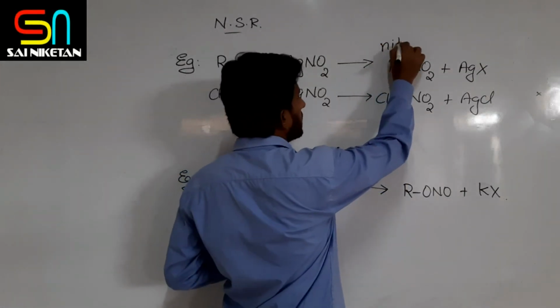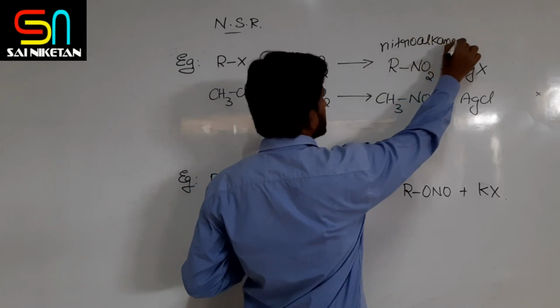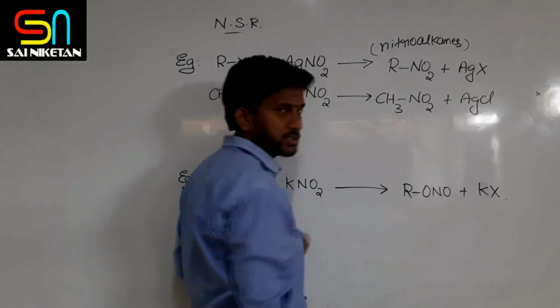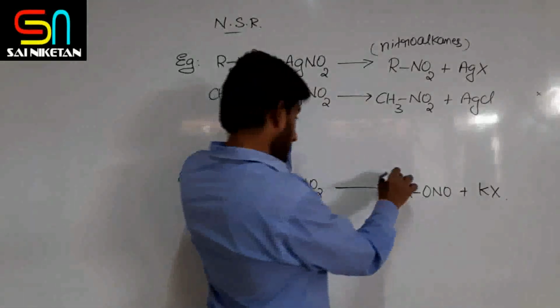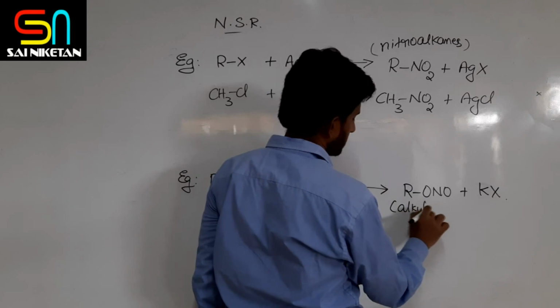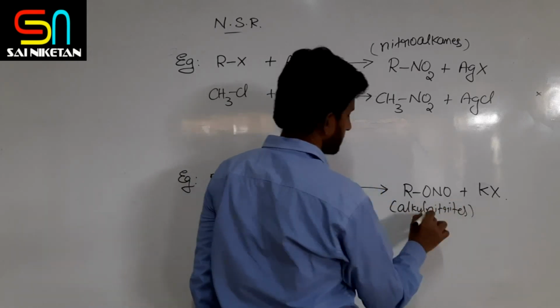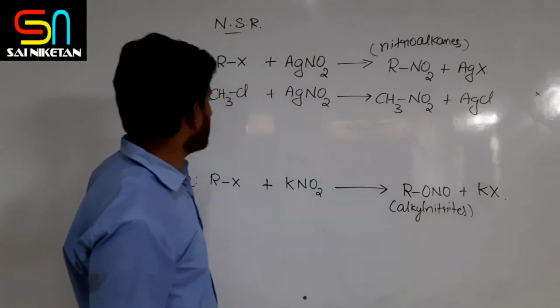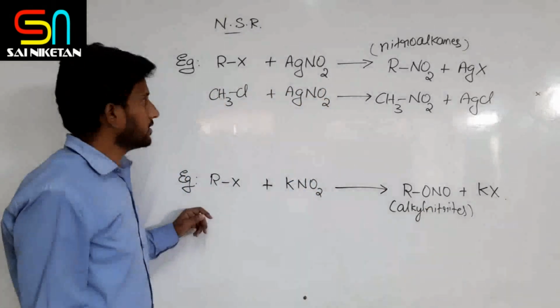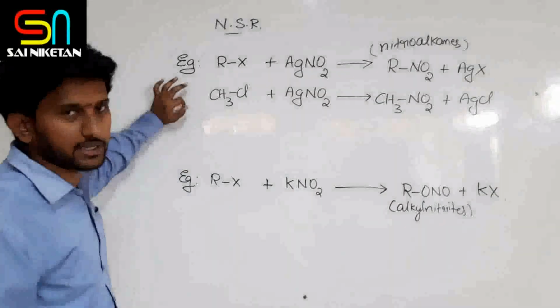Here in nitroalkanes, the attachment is through nitrogen. Here alkyl nitrites are produced. Okay, now again this is similar to the silver cyanide reaction and potassium cyanide reaction.